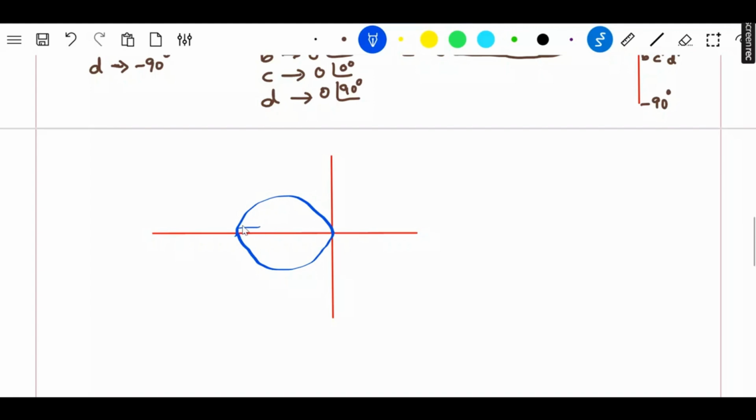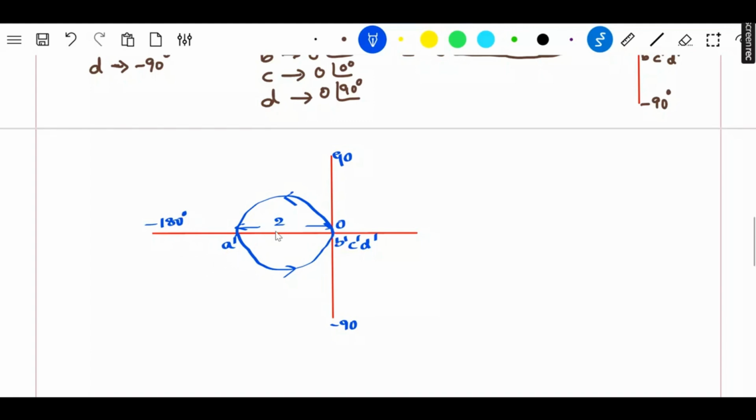And this distance that we got was equal to 2. Okay, so this is A dash. This is B dash, C dash, D dash. This trace is A dash to B dash, and this trace is D dash to A dash. So this is 90 degrees, minus 90 degrees, magnitude is 0 here, whereas this is a minus 180 degree angle. Okay, so this is the final Nyquist contour trace for this particular problem.